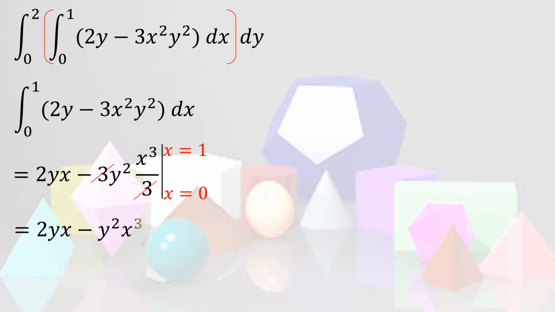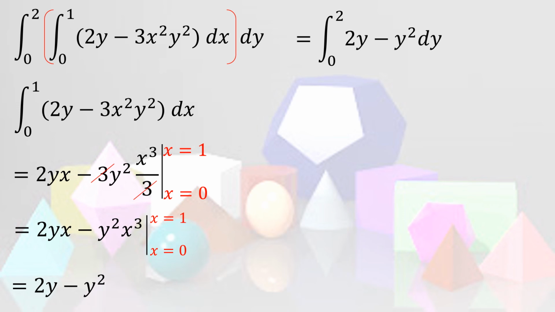So from here, we are going to substitute x equals 1 since we already have the lower limit as 0. In doing this, we shall have 2y times 1 minus y squared times 1 to the third, which is simply equal to 2y minus y squared. Then we shall have the integral of 2y minus y squared dy from 0 to 2.